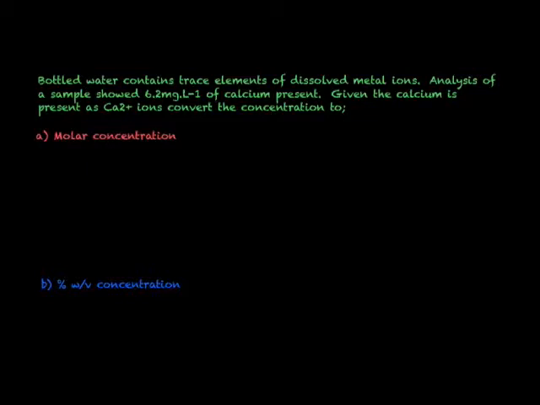So let's take a look at what that means. Well, we've got milligrams per litre, so let's get that in grams per litre. So we need to divide that by 1,000. So that's going to give us 6.2 times by 10 to the minus 3 grams per litre.